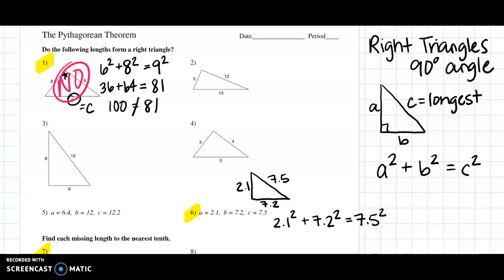2.1 times 2.1 is 4.41. 7.2 times 7.2 is 51.84. And 7.5 times 7.5 is 56.25.